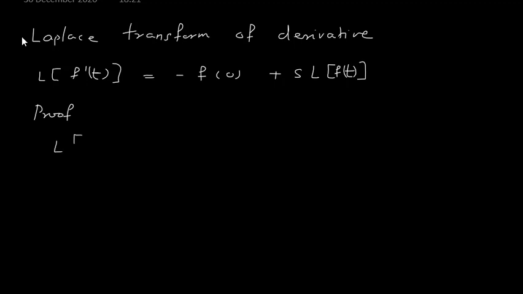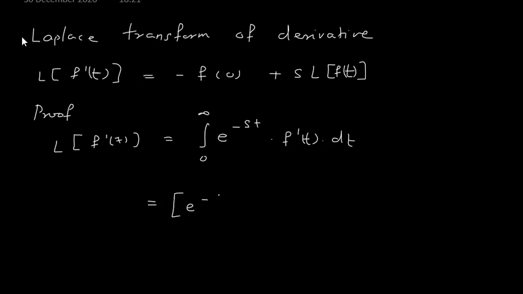So Laplace of f dash t is equal to integral from 0 to infinity of e raised to minus st into f dash t dt. Here we are going to use the u into v method. I will keep this e raised to minus st as it is, and I will integrate f dash t, which becomes f of t.